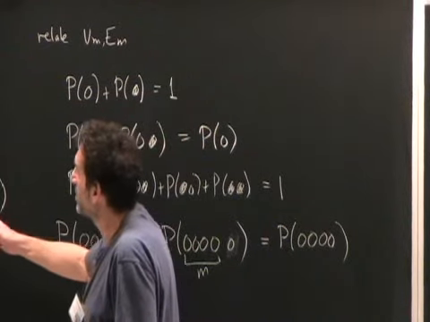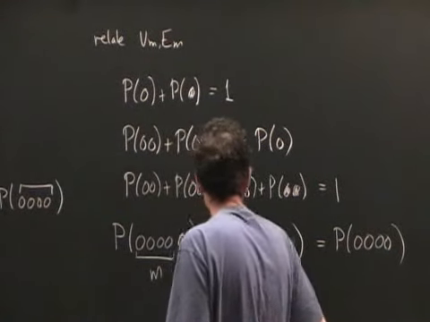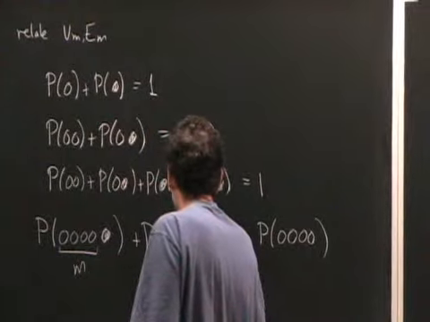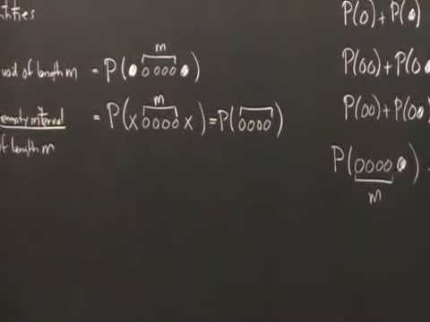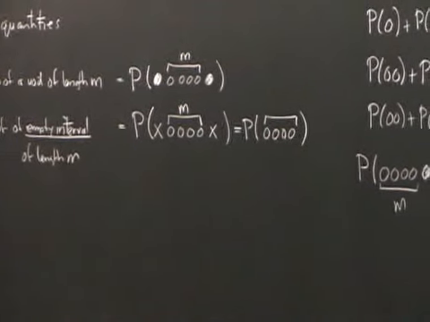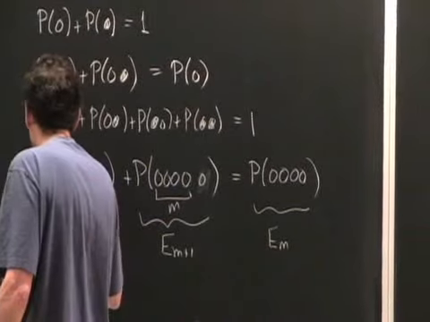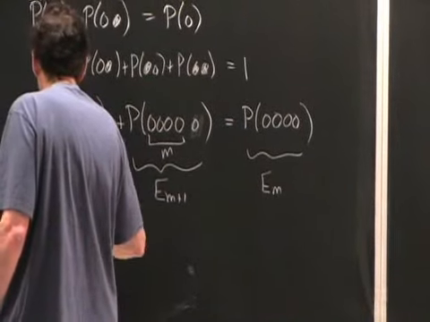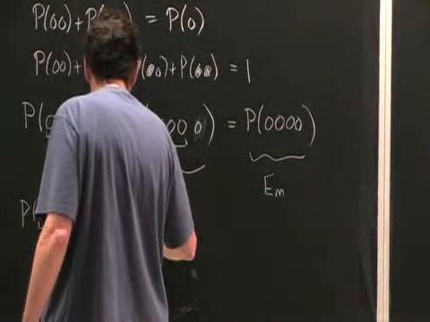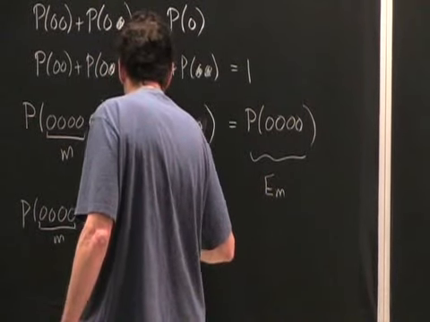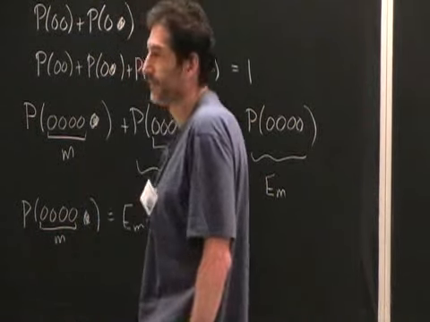By the definition over here, this is nothing more than E m plus 1. This is exactly E m. So I get the relation that P, m empty sites and one occupied site is equal to E m minus E m plus 1.